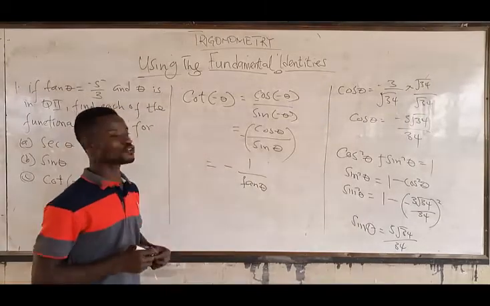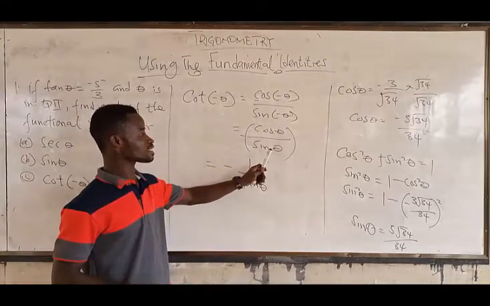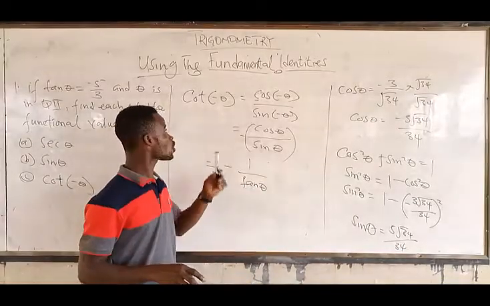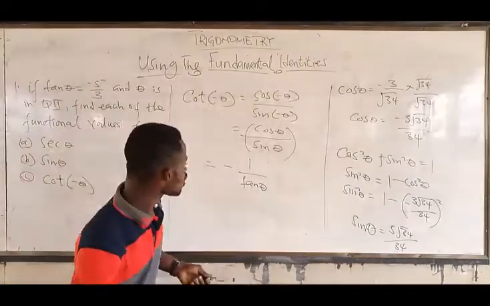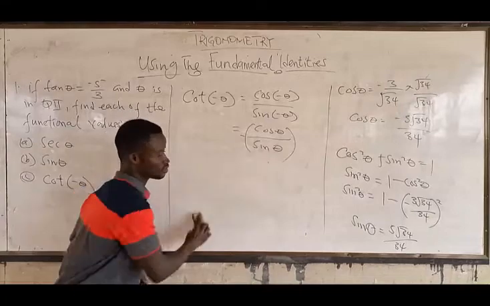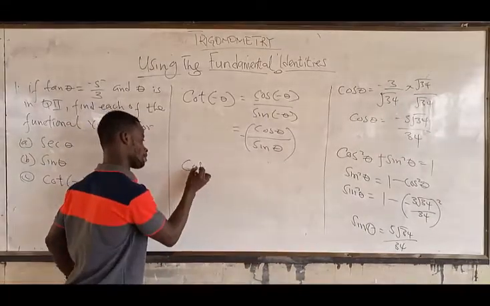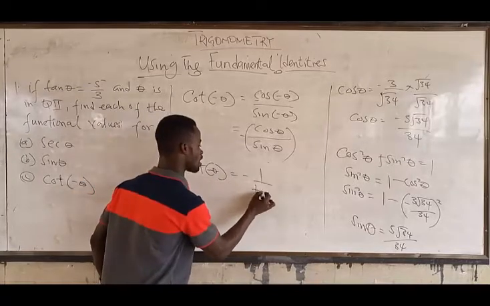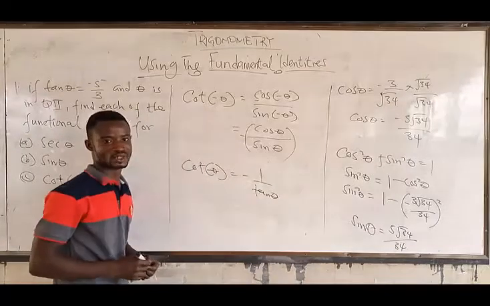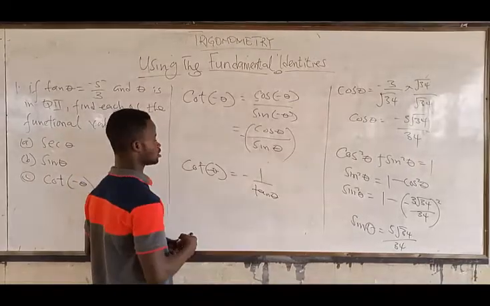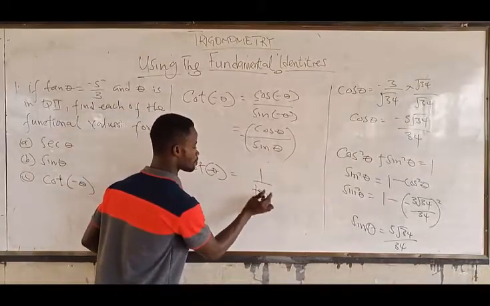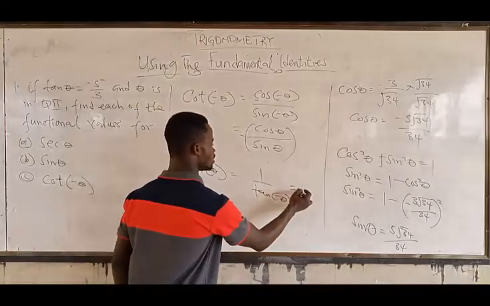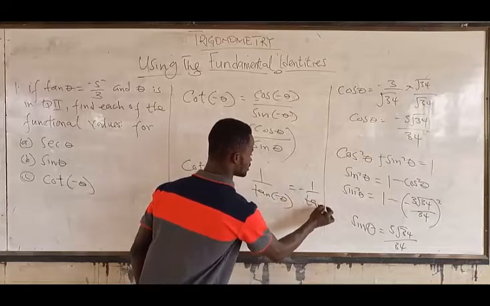You can use the value for cos theta and sin theta to find cot of negative theta. Or you can also say that cot of negative theta is equal to negative 1 over tan theta. That's what I mean. Because even if you make it negative theta, this is an odd function, so it's going to give you negative 1 over tan theta.